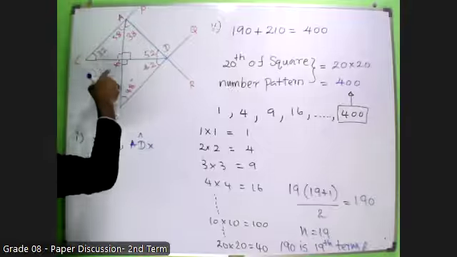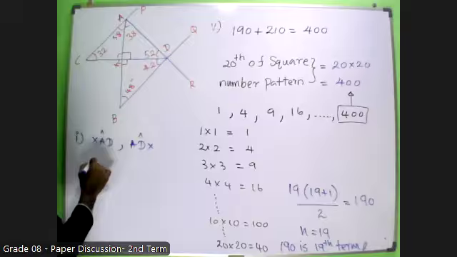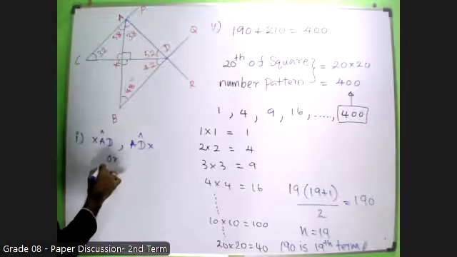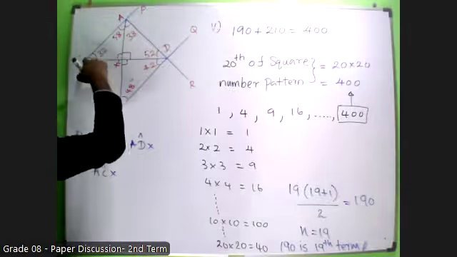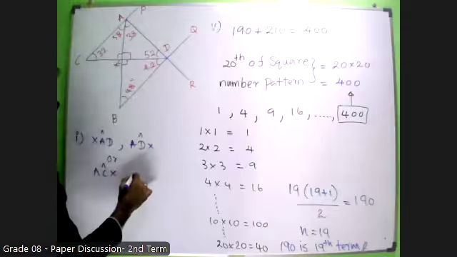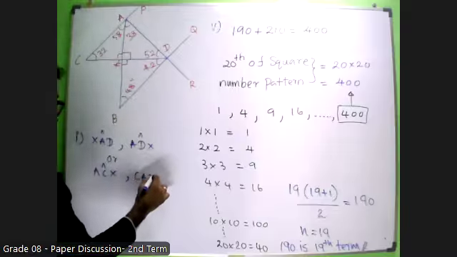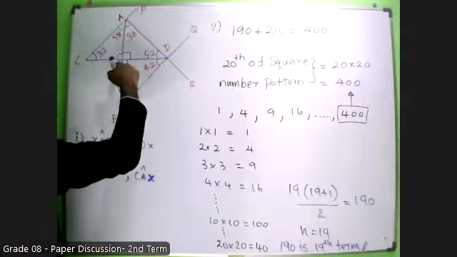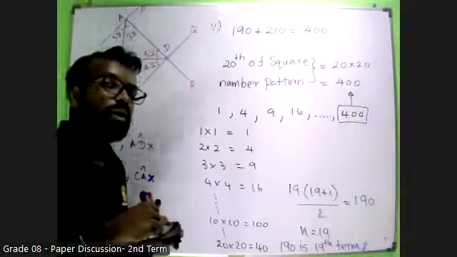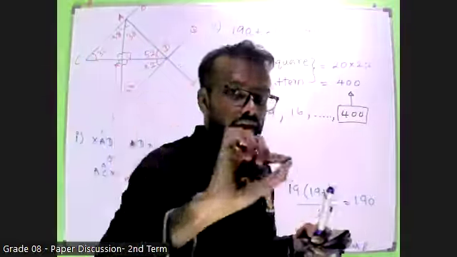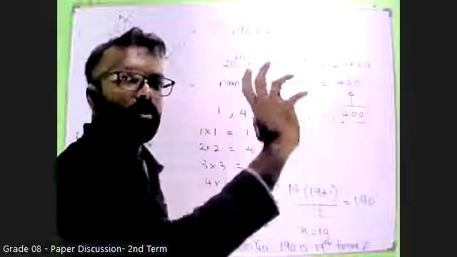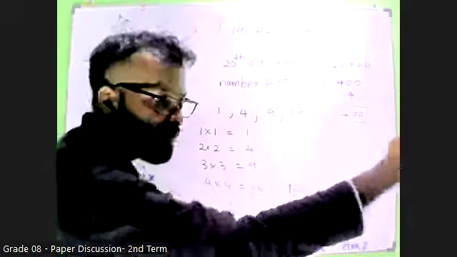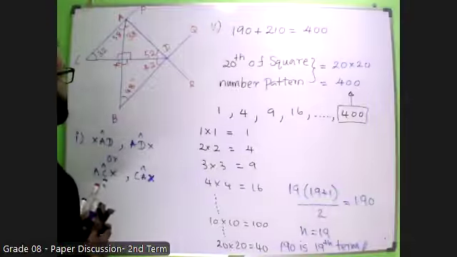Or you can write ACX angle and CAX angle. Complementary means the summation should be equal to 90 degrees. Keep that in your mind and take a note: if angles are complementary, the summation of the two angles is 90 degrees.